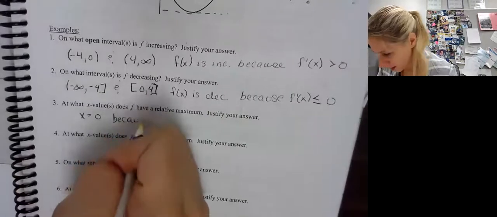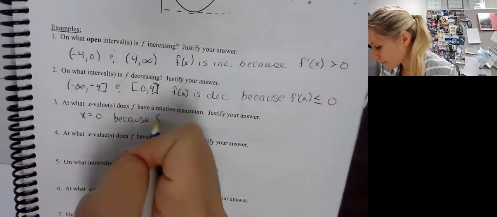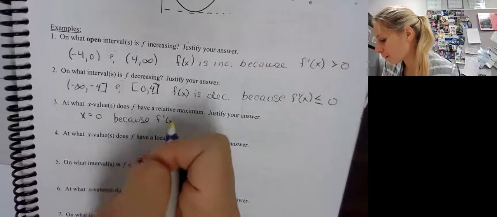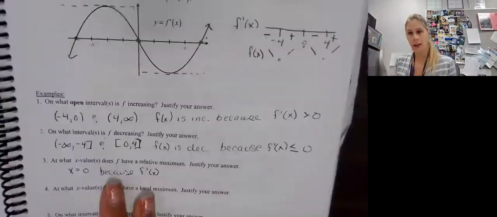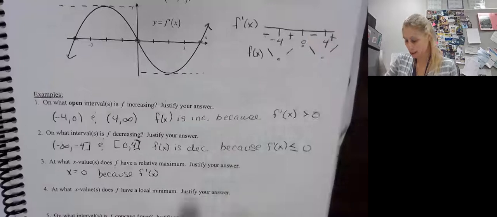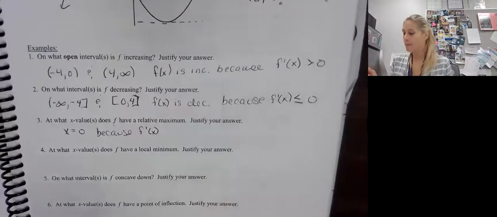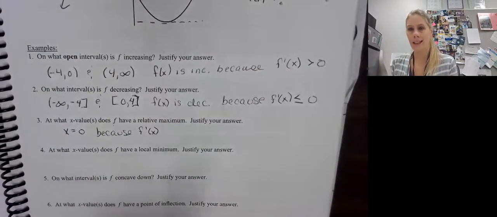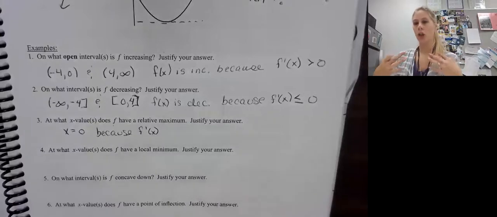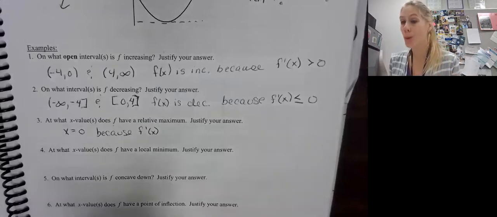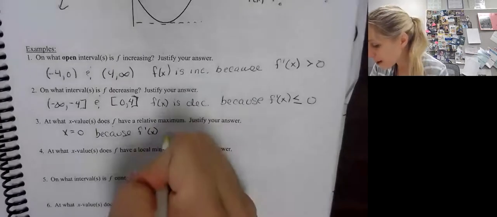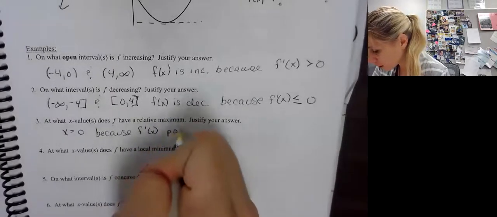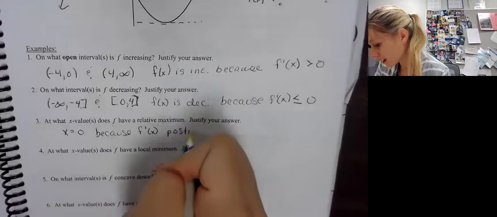Because f prime, how do we know? Because the f prime of x changed, right? It went increasing to decreasing. But technically, what went increasing to decreasing? F of x. We need to talk about f prime. So how do we know that there is a maximum? Well, it's because f prime went from positive to negative.